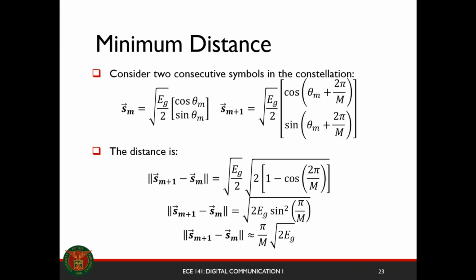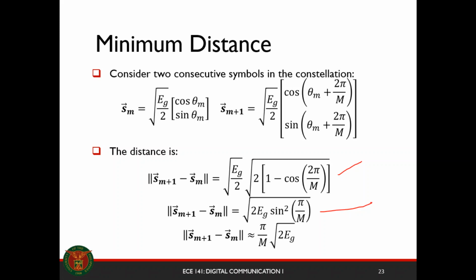For two consecutive symbols, we need to solve the minimum distance between them. Just get the norm of their difference, and you'll get this expression right here. This expression inside can be rewritten as this using your half angle formula.